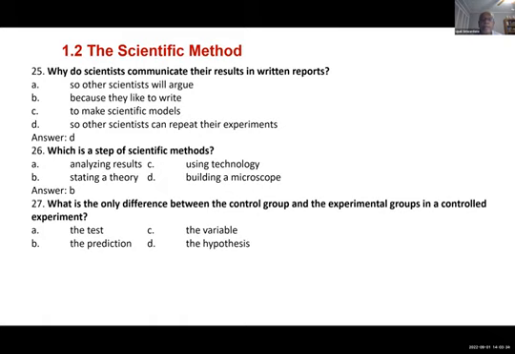Whatever you're changing, drug dose or poison or temperature, one group doesn't get that change. That change is called the variable. One group gets the variable, the other one doesn't get the variable. So answer is C.